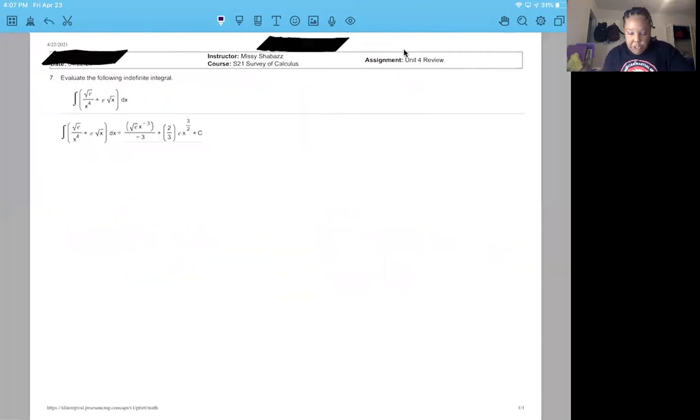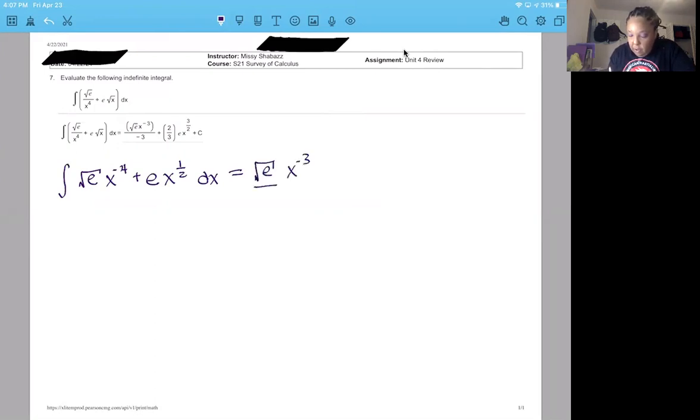All right, next question. Evaluate the following indefinite integral. I'm going to rewrite this integral as square root of e times x to the negative 4 plus e x to the 1/2. All right, I'm going to add 1 to my exponent and divide, so I'm going to get -3. So square root of e x to the -3 over -3.